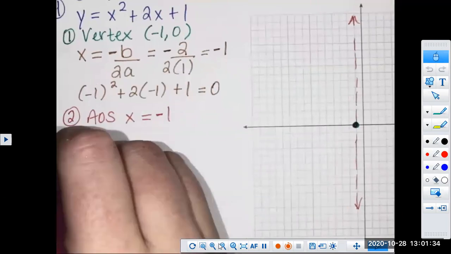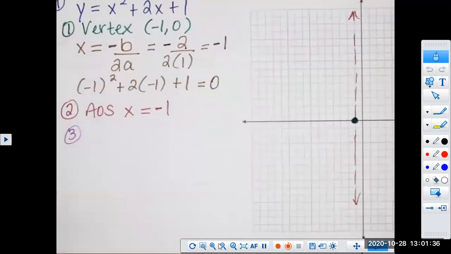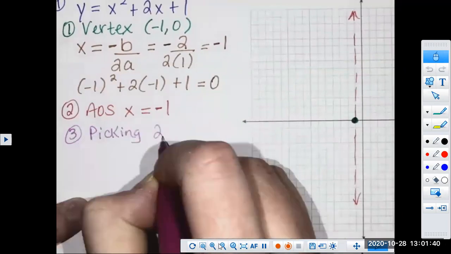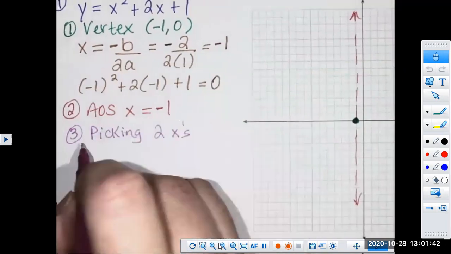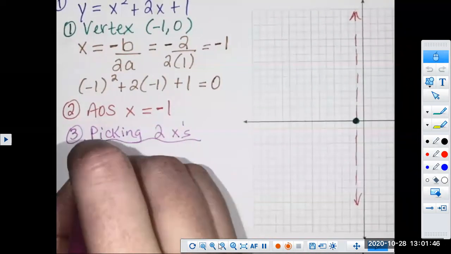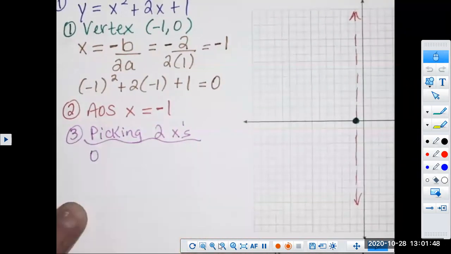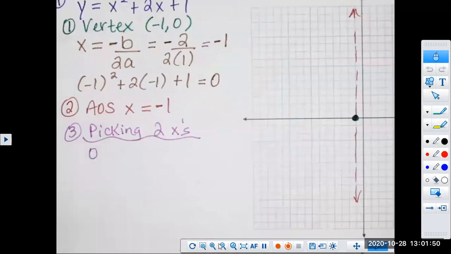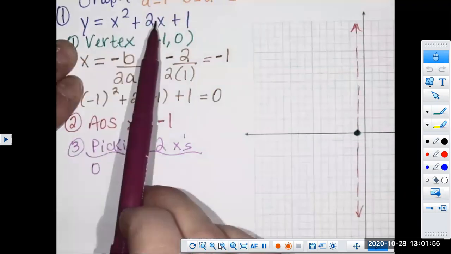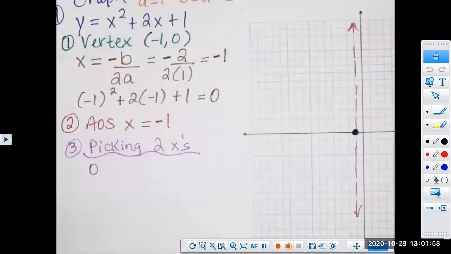So this is your third step: picking your 2 x values to plug in. We chose 0. Do that in your head. If you plug in 0 here and here, what are you left with? Good, you're left with 1.